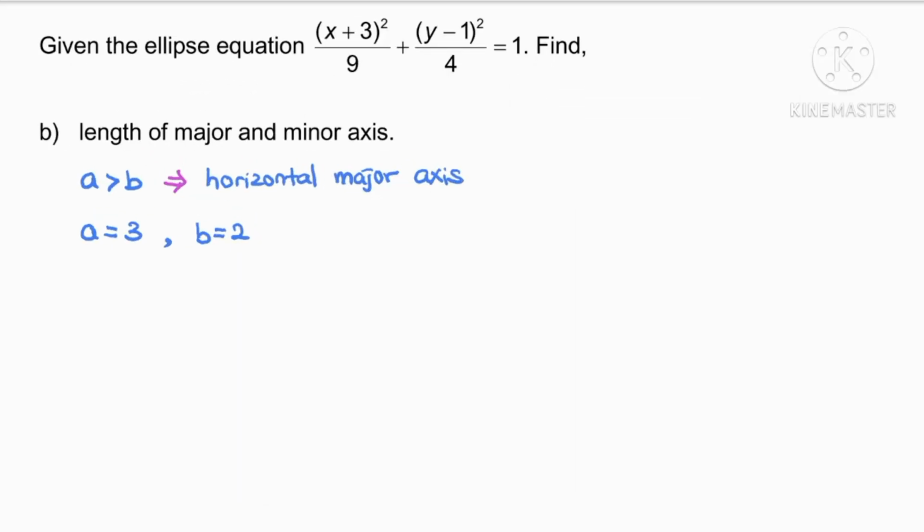Next, question B, find length of major and minor axis. Since the ellipse has a horizontal major axis, the length of the major axis is equal to 2a.